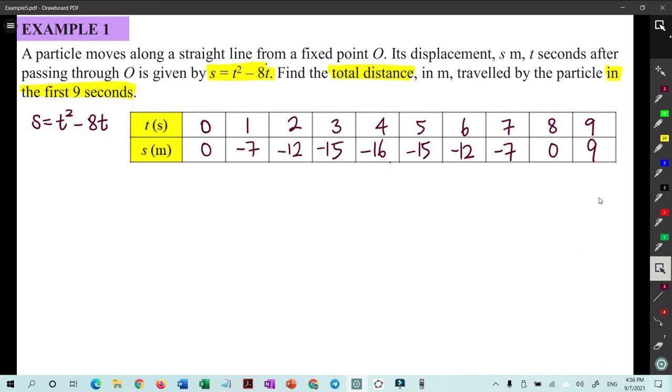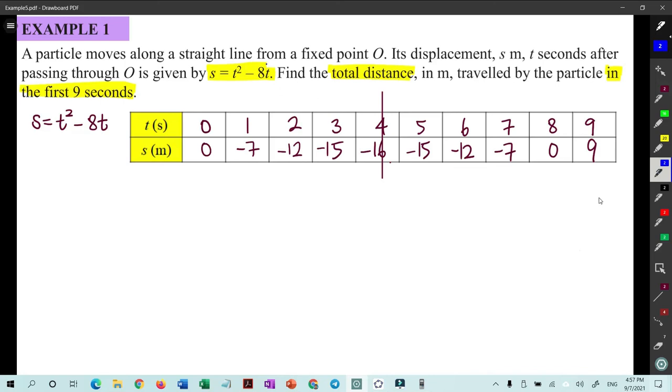In fact, we also can solve some problems by just using the information from the table itself. For example, let's say we want to find the distance traveled by the particle on the 8th second. From the values on the table, we already know that the particle is making a U-turn on the 4th second.